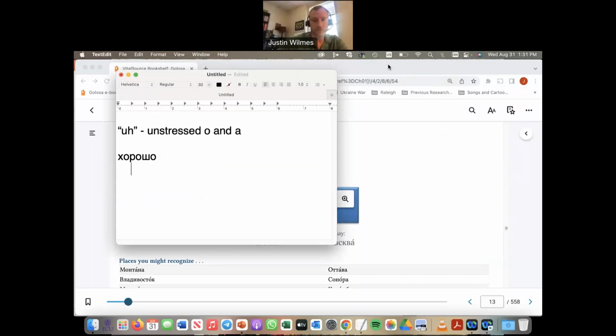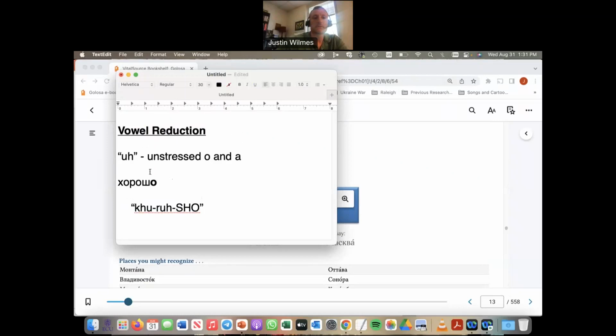"Kak dela? Khorosho." The stress in the word is on the ending O. But these two O's, the first two syllables, are unstressed, so they undergo what's called vowel reduction. Their vowels are reduced.